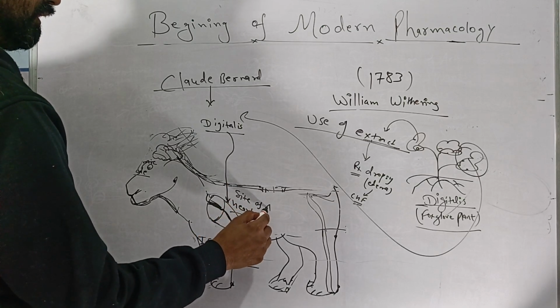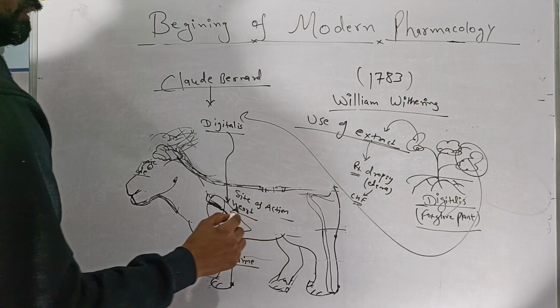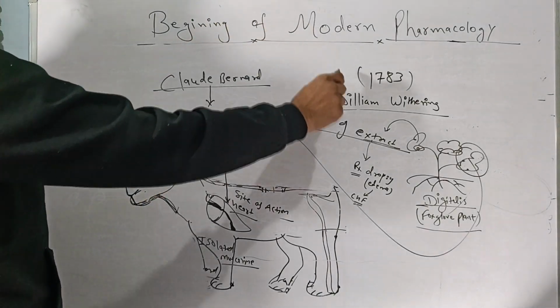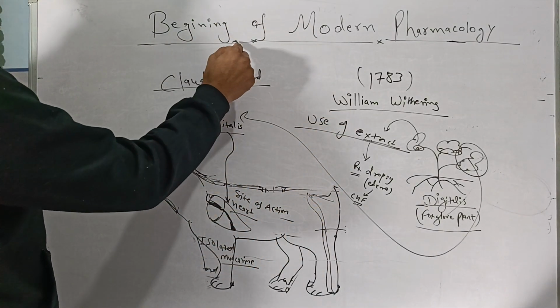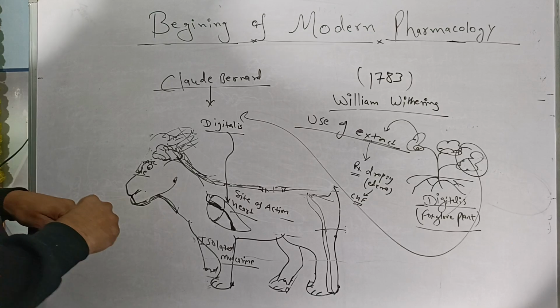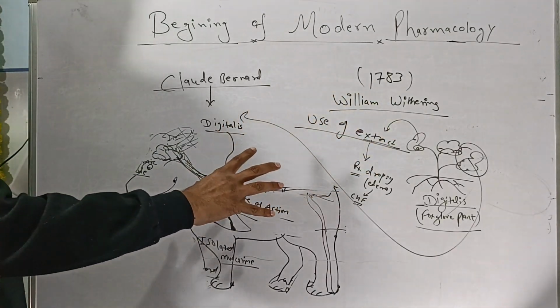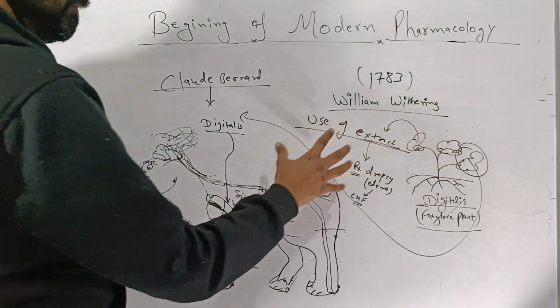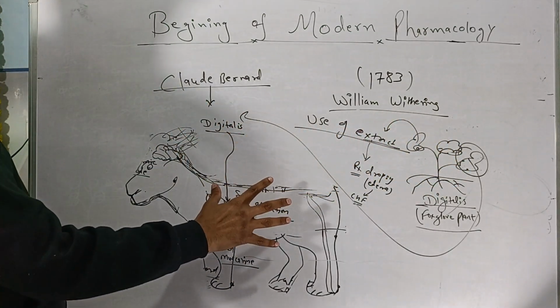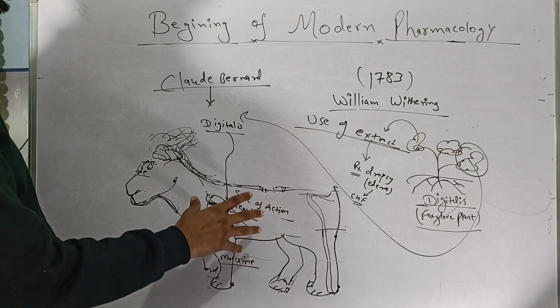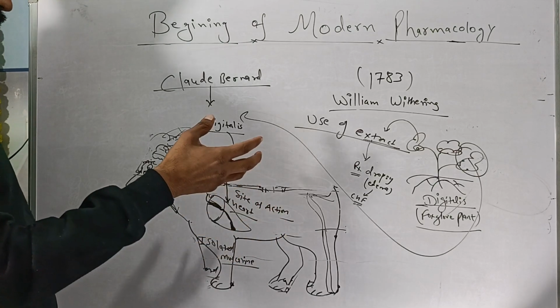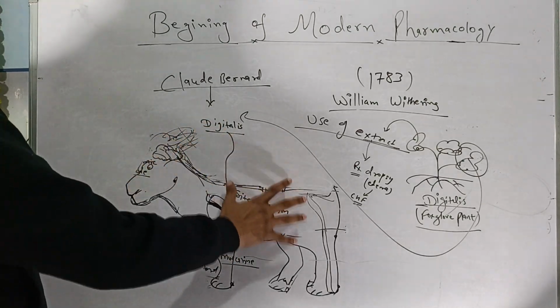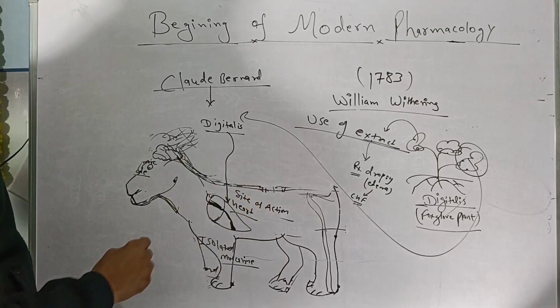Site of action is the heart. So this is all about the beginning of modern pharmacology, where some scientists isolated active molecules from the plants and demonstrated their site of action and their effect using animals as experiments.